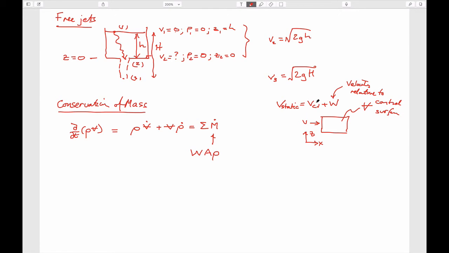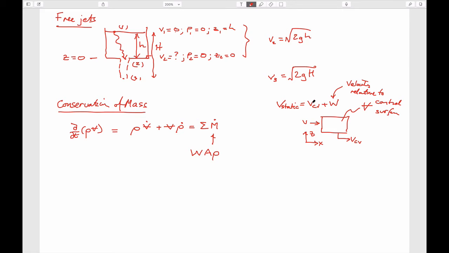This is how quickly the control volume is moving. I think we've drawn it like this before. Or control surface, control volume. And this is how it looks to a static observer. So if you looked at the videos, the fireboat, water coming out of the hose on the fireboat, 1 meter a second, the boat's going at 1 meter a second. To a static observer, you see that water going at 2 meters a second.